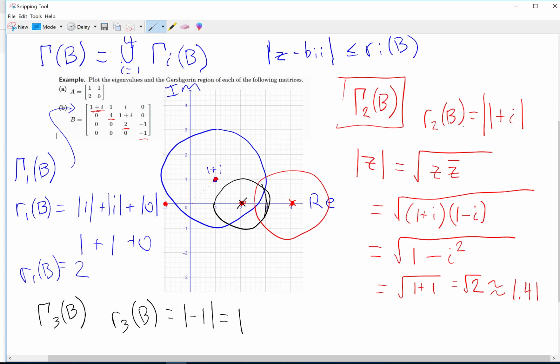So I guess it'd go right through that 3 there. The last one is interesting. What about R4 of B? The center of the 4th disk is -1. So for that eigenvalue, -1, the Gershgorin disk has radius 0. So it's just the eigenvalue itself, if that makes sense. So this is a picture of the Gershgorin region of matrix B.